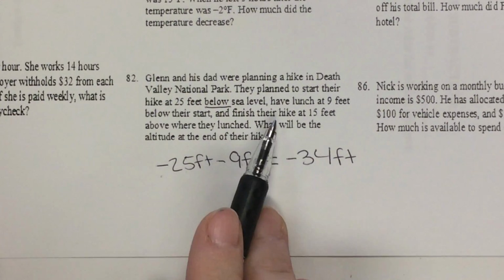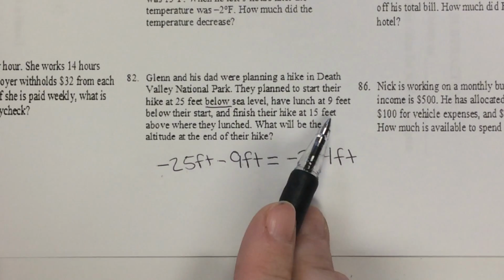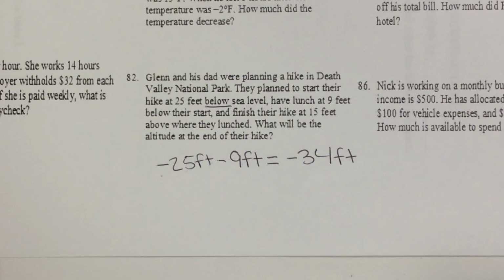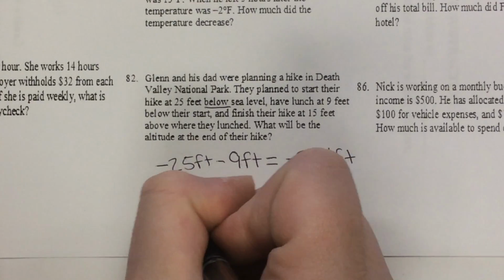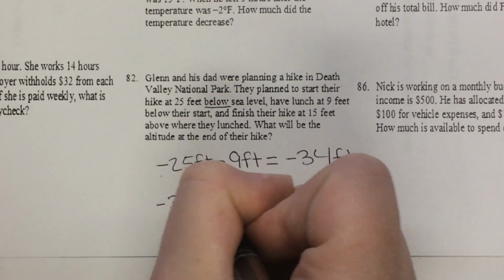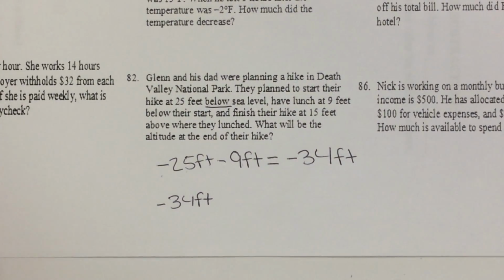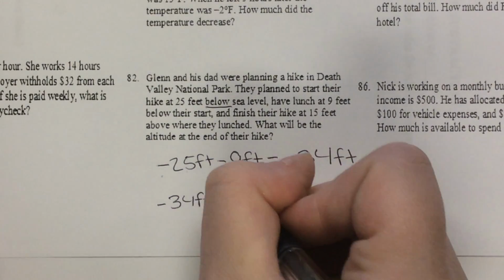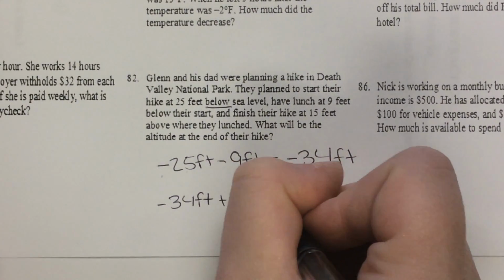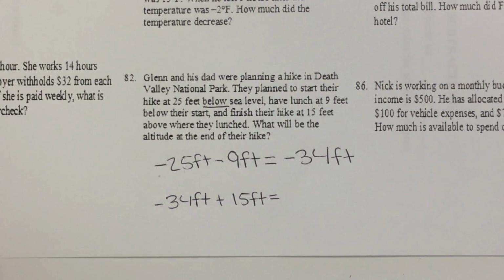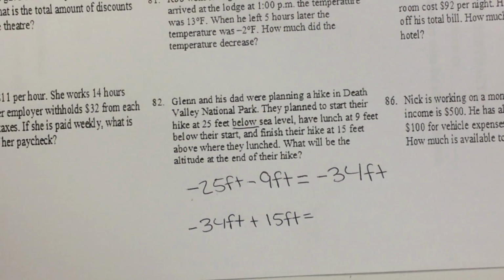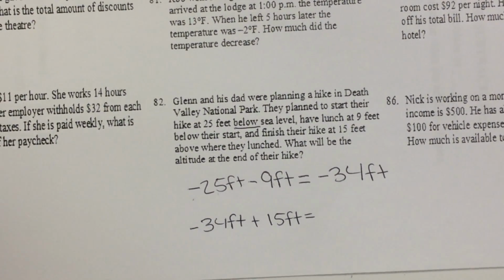Okay? The next part of our question says they finished their hike at 15 feet above where they lunched. So we're having lunch at negative 34 feet. And now it's going to be 15 feet above that. So plus 15 feet this time. Okay? Now let's go back to our song. Same signs, add and keep.